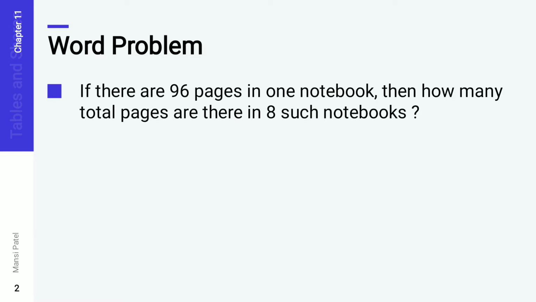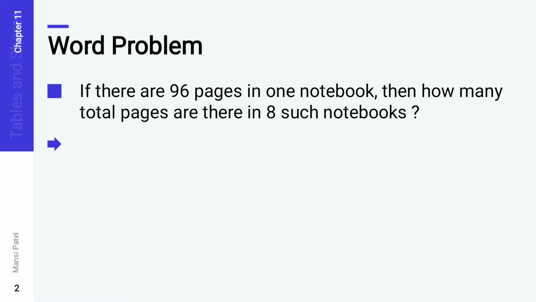You see here, whenever they give the cost, pages, number of rows, or number of columns for one thing, and we want to find out the total for many things, in these cases we are going to do the multiplication.